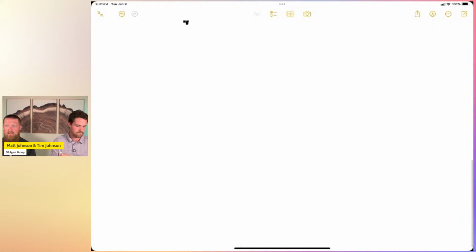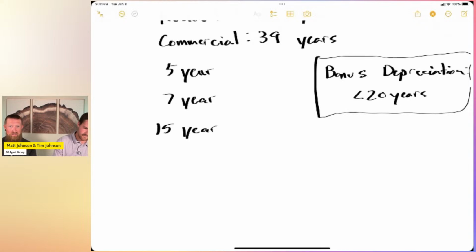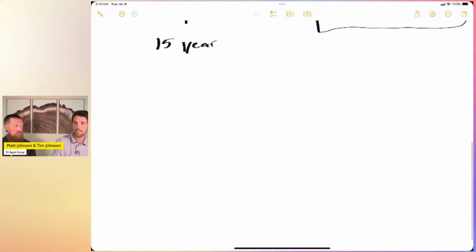So in 2017, a bill got signed into law, the Tax Cuts and Jobs Act. It covered a lot of things, but one of the things covered was the idea of bonus depreciation. It says basically that the items within a structure that would depreciate in 20 years or shorter can be taken as depreciation the year that they were placed into service.